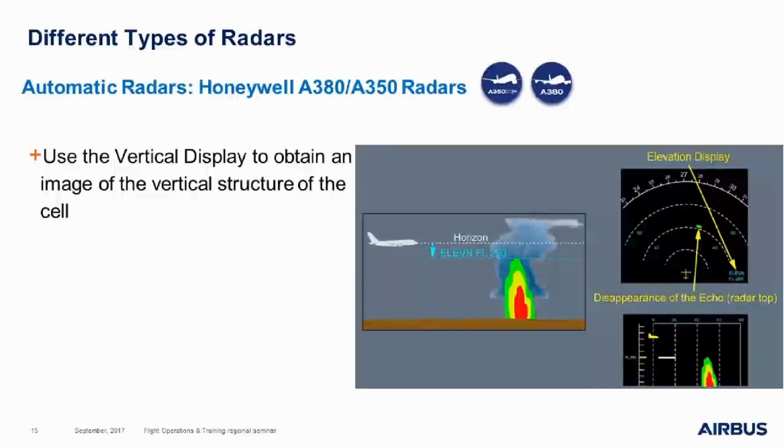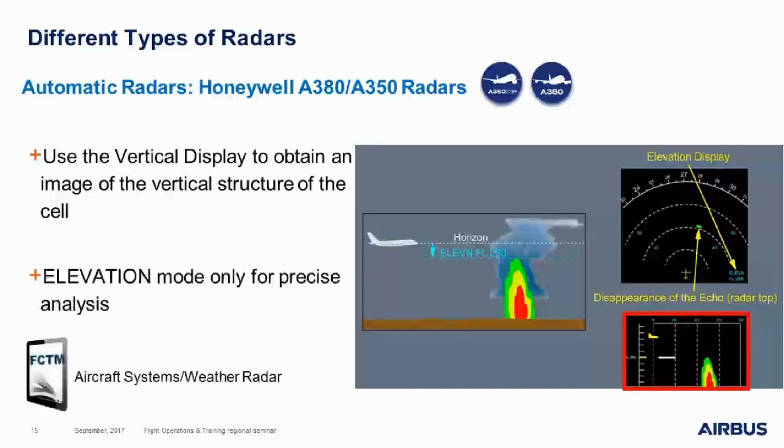With the vertical display, you have a direct image of the vertical structure of the cell along the flight path. As a result, the elevation mode can still be used, but it is only for precise analysis of the structure of the cell.